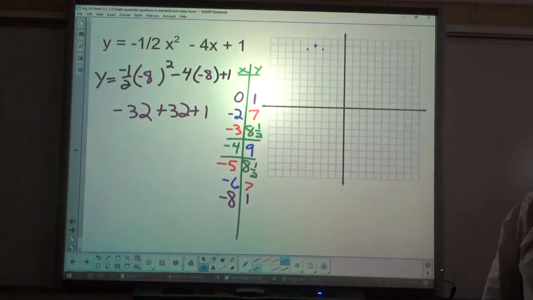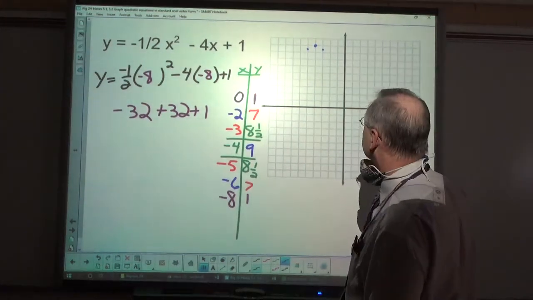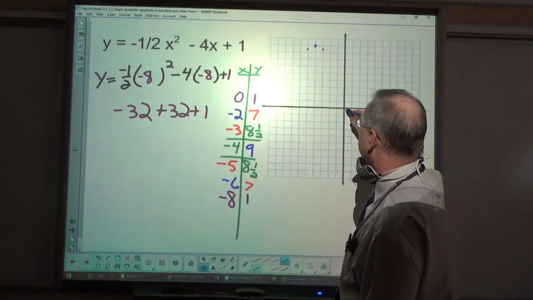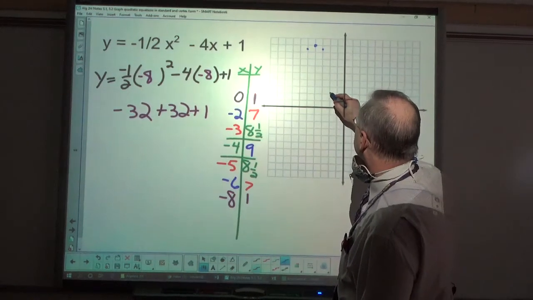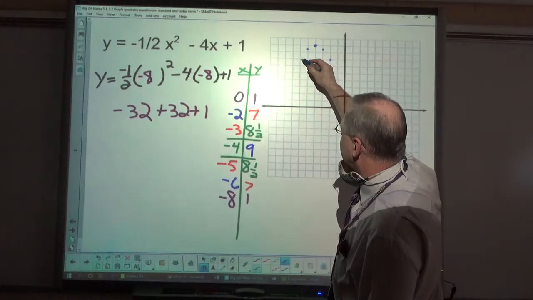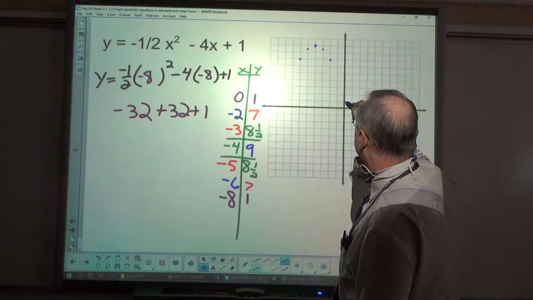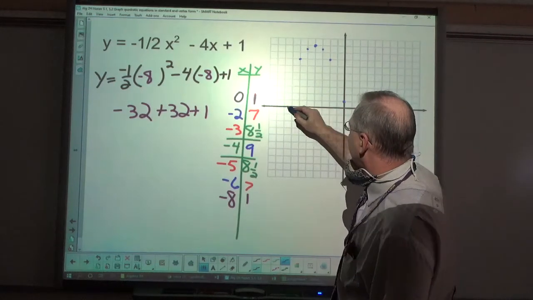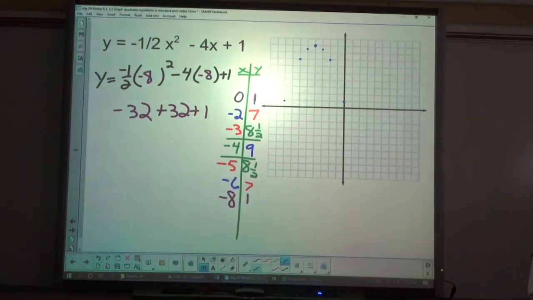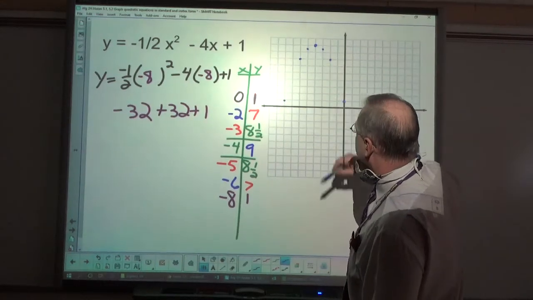Now, it can be helpful to have those fractional answers, or mixed number answers, but it's much easier with the integer answers. -2, 1, 2, 3, 4, 5, 6, 7, and -6, 7. 0, 1, and -8, 1. So you have to make sure you realize that we skipped -1 and -7.